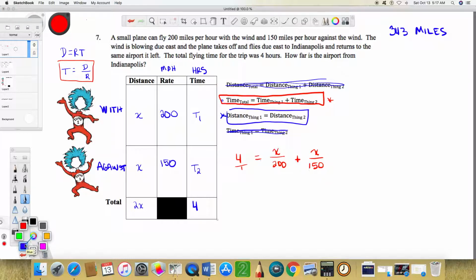So if I multiply this one by 600 over 600, this one by 3 over 3, and this one by 4 over 4, will that do the trick? 600 times 4, 2400, 3x plus 4x.